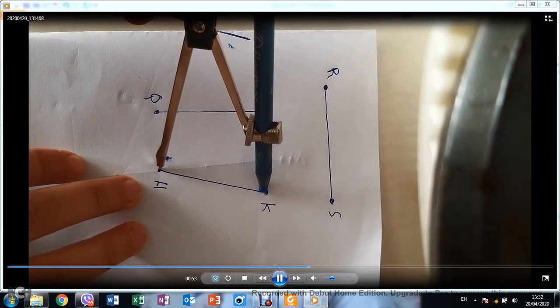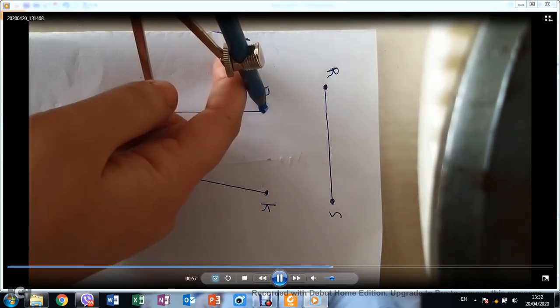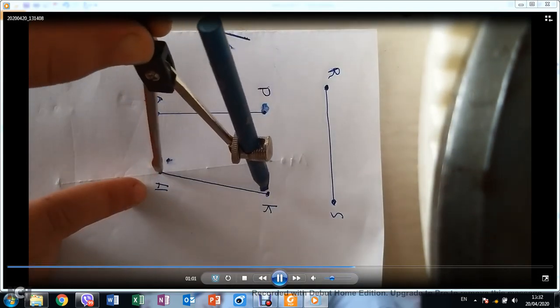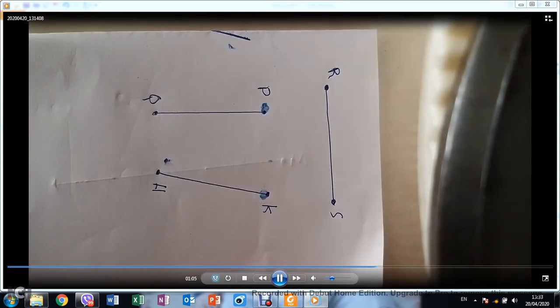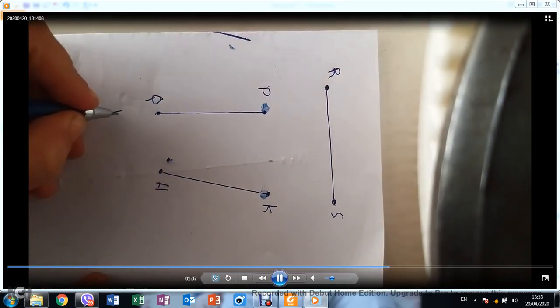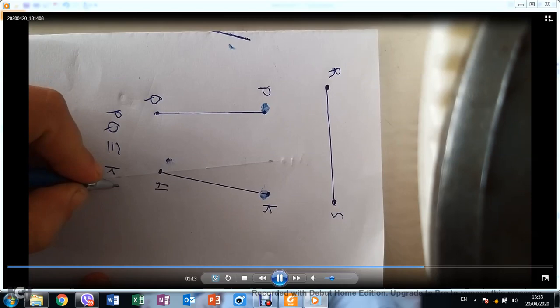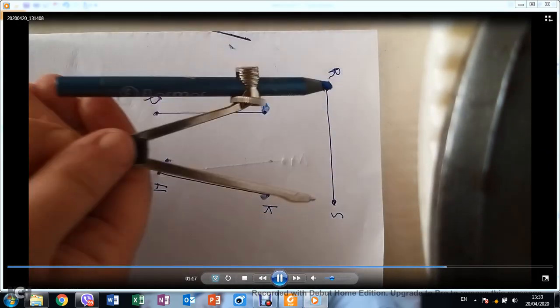Look, these two are equal, so PQ is equal to HK. We write line segment PQ is congruent to line segment KH.